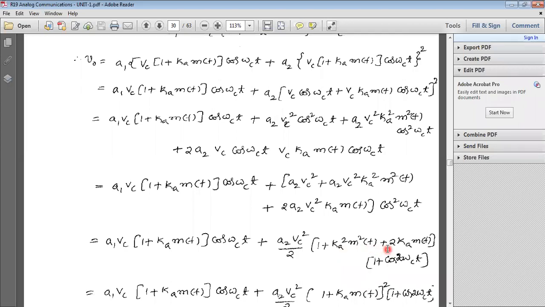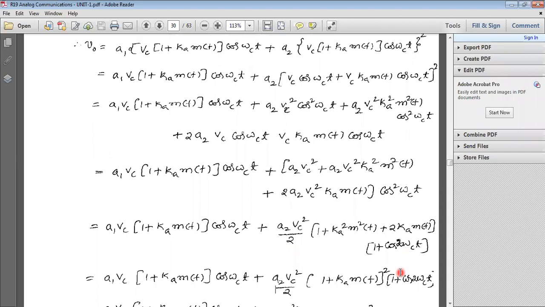And the third term is 2 Ka m of t. Already we have cos square omega Ct as 1 plus cos 2 omega Ct, where we take the division by 2, so there is no need to write it here. I think you understand up to this point. Any doubts?